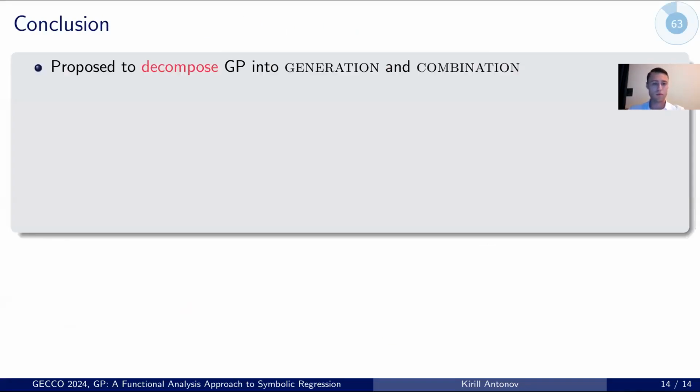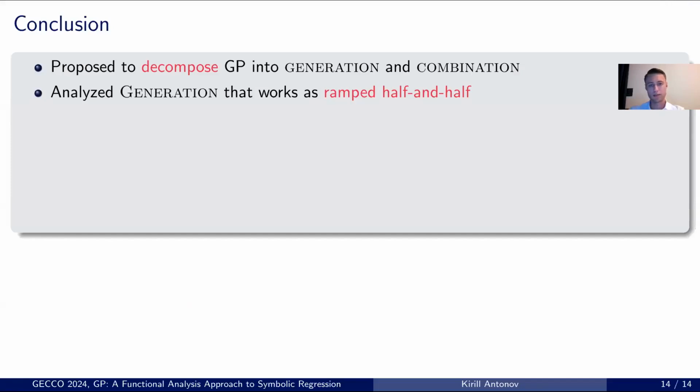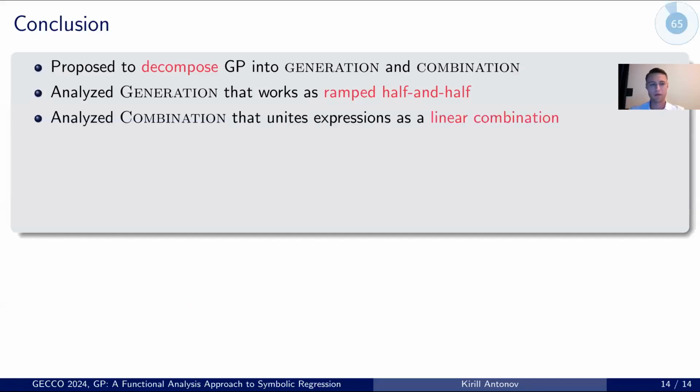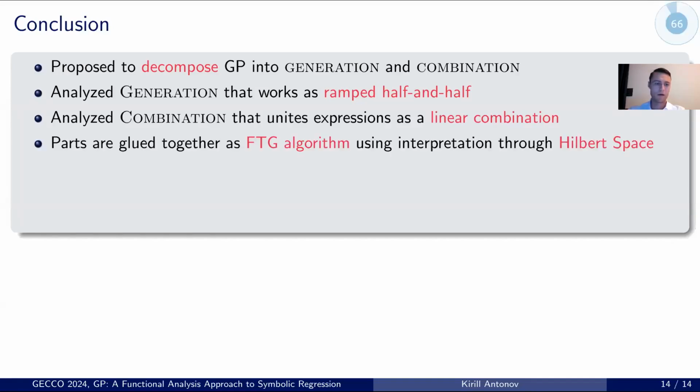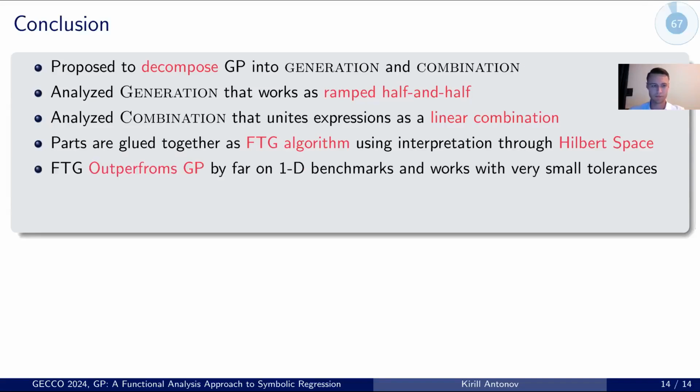Finally, in this work, we proposed to decompose GP into the generation and combination of mathematical expressions. The generation works as simple ramped half and half, and combination unites the expressions as linear combinations. These parts are combined using the FTG algorithm that is interpreted through Hilbert space.